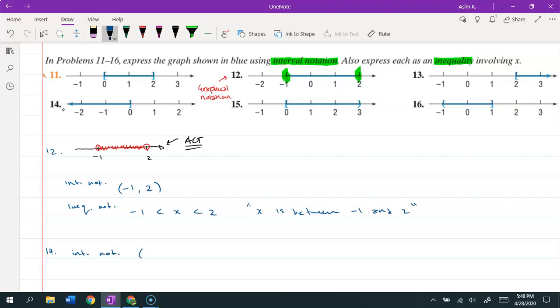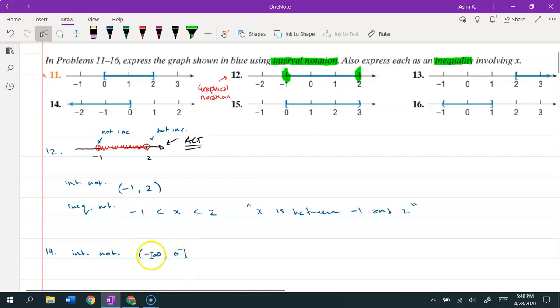You're going to have parenthesis -∞, comma, 0, bracket. And the bracket means that that number is actually included, whereas parentheses, recall in an open circle, it meant that -1 and 2 were not included. So -1 is not included, and +2 is also not included. So in this situation, 0 is included.